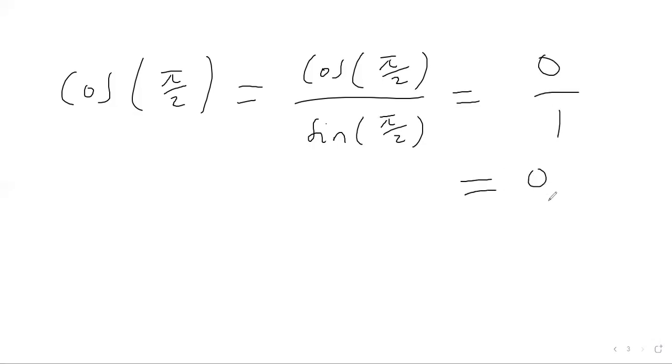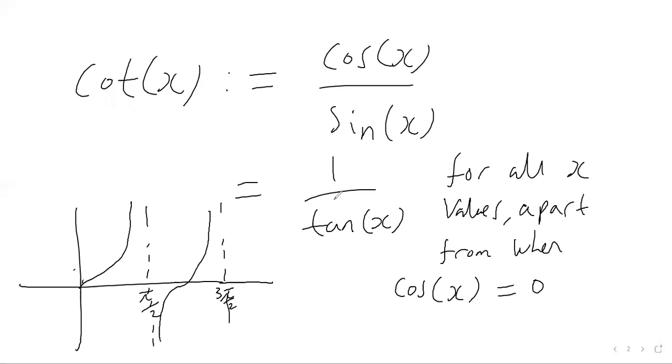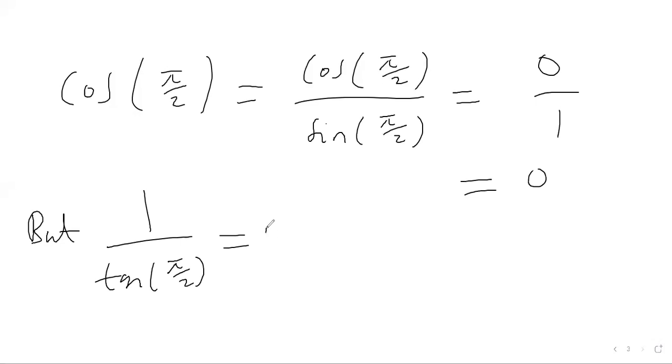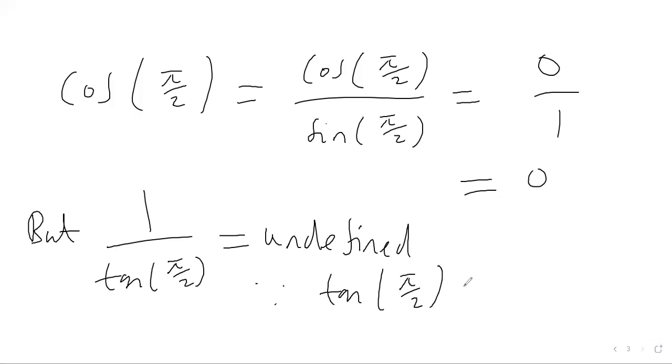So cot of pi over 2 is 0. However, 1 over tan of pi over 2, inserting pi over 2 into the tan part, is undefined, because tan of pi over 2 is undefined.